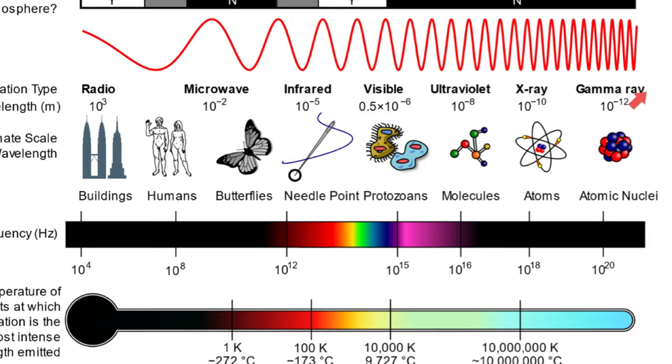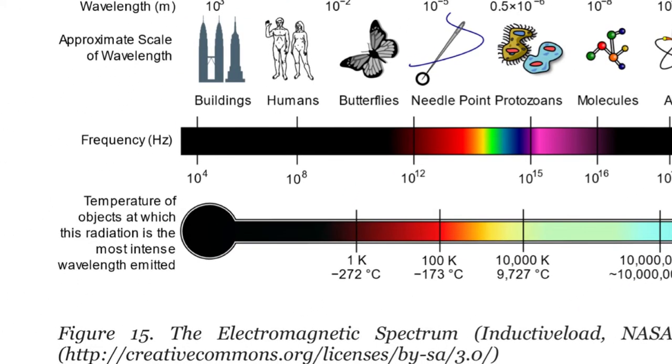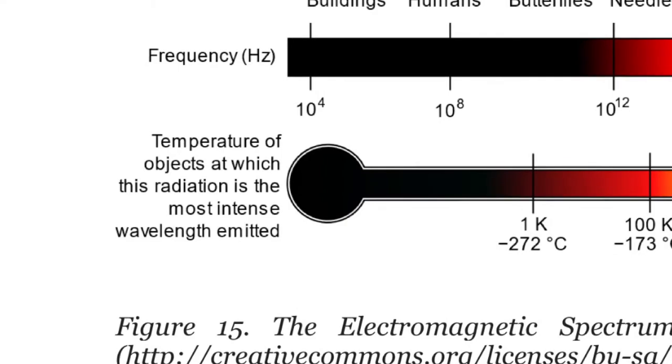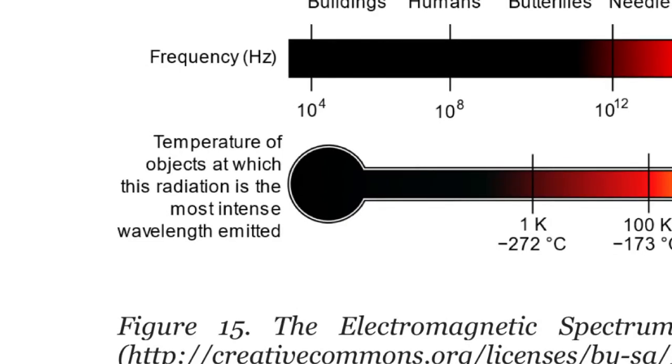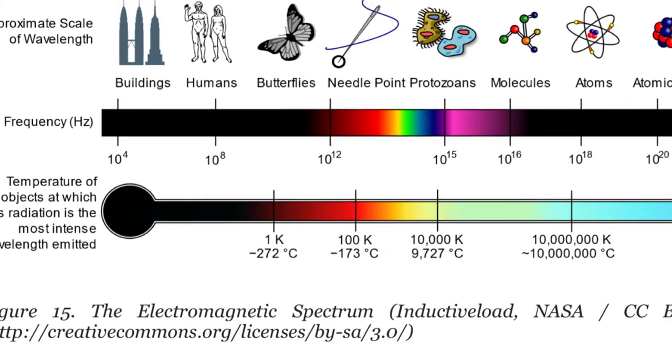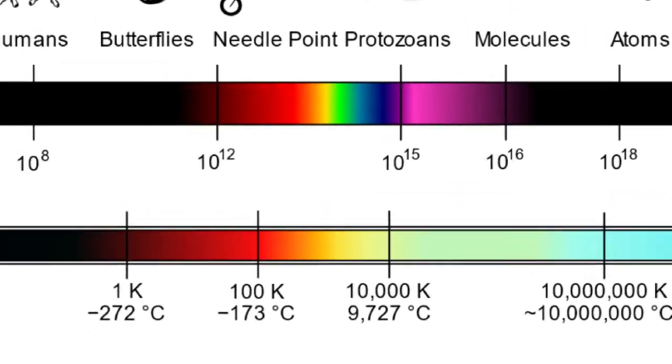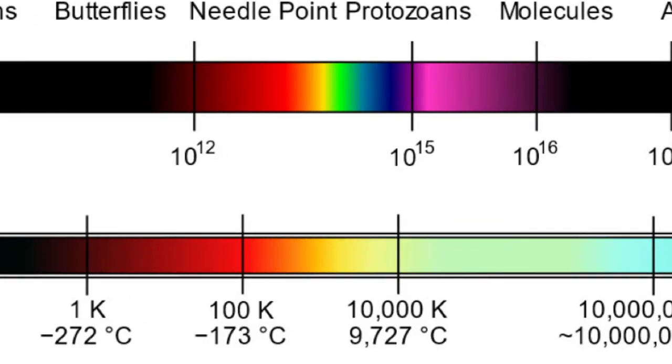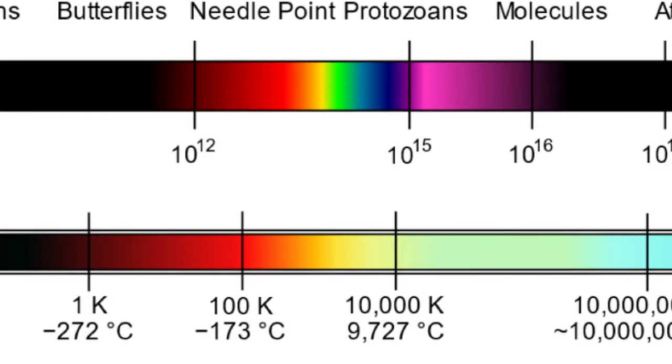And here the order of magnitude is 10 to the minus 12, 10 to the minus 15, which is the order of magnitude of the size of a nucleus. So the electromagnetic spectrum has a huge variance in wavelength and obviously frequency. Now, if we look at the associated temperatures of objects at which this radiation is the most intense wavelength emitted, then we can see there's a definite relationship between the temperature and the actual electromagnetic radiation, the peak electromagnetic radiation.